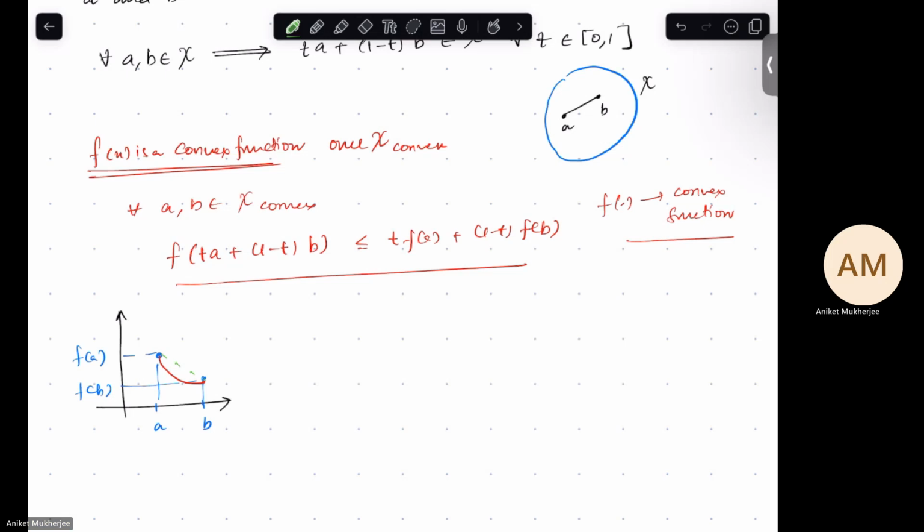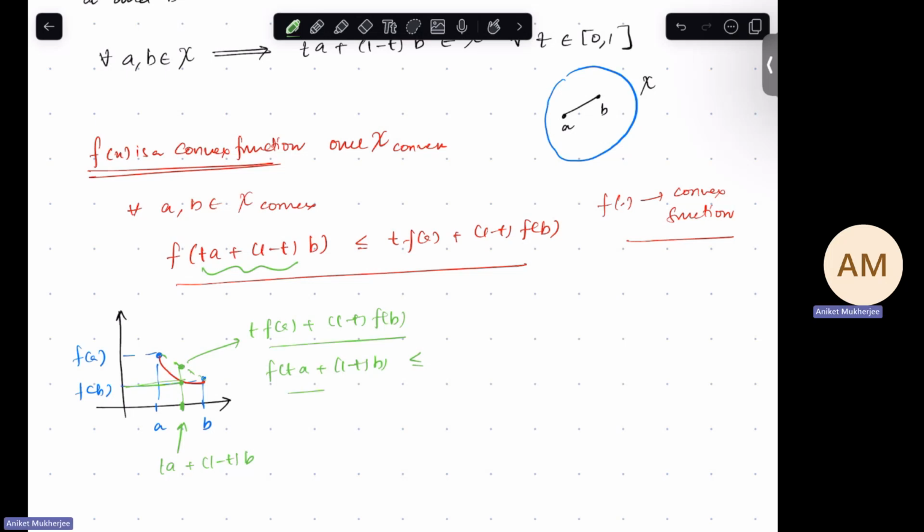So this tA plus (1 minus t)B defines a point in between the line segment A and B. Now, if you look at this, the function value at f(tA plus (1 minus t)B), this point, is always less than or equal to the value on the line segment joining f(A) and f(B), which is the value at tf(A) plus (1 minus t)f(B).